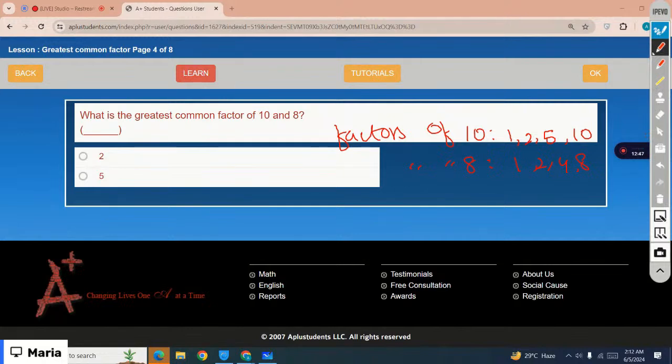So which is the greatest common number? The correct option is 2. Got it?